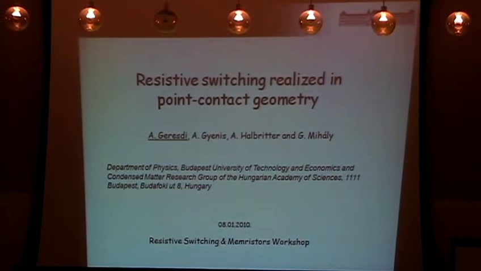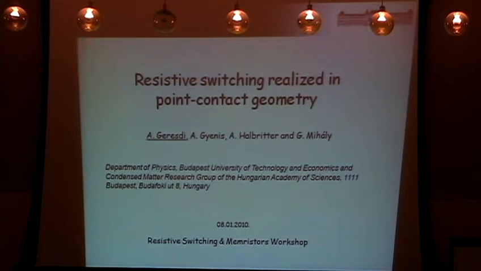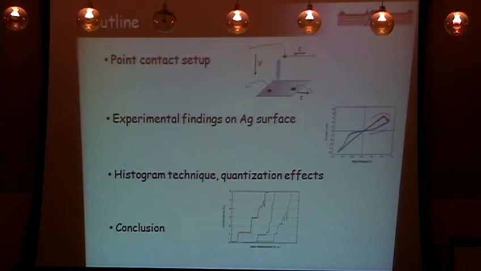So this talk will be about point contact geometry and resistive switching, which we realize in this geometry. Let's see first of all the outline of the talk. First, I will talk about the point contact setup and some details in order to make some definitions of terms.